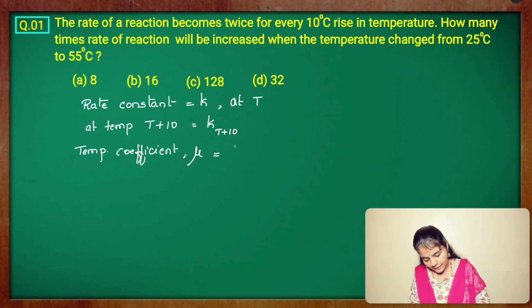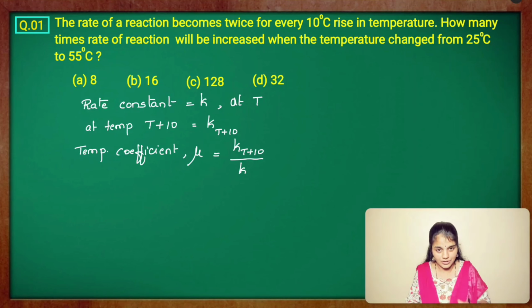So it is K T plus 10 divided by K. So this ratio K T plus 10 divided by K gives us the temperature coefficient of a chemical reaction.